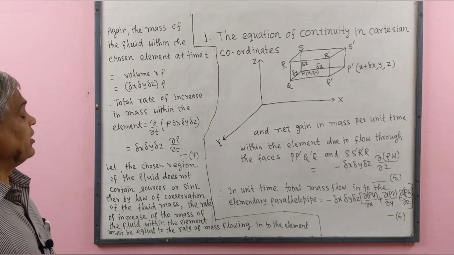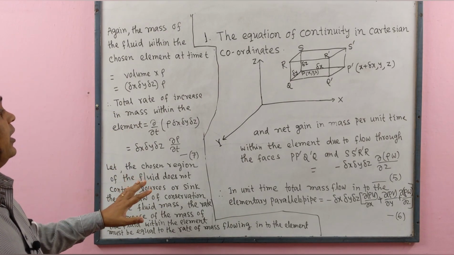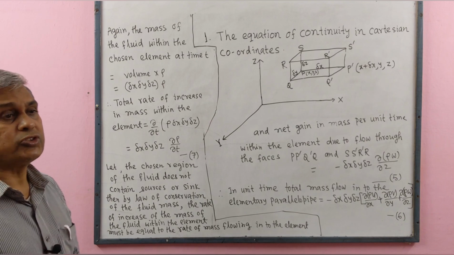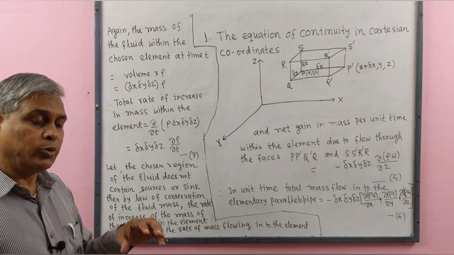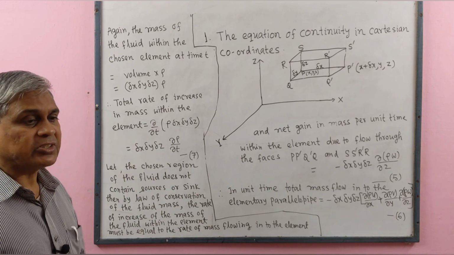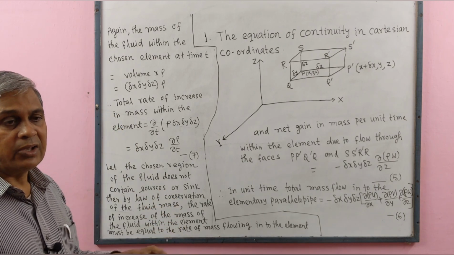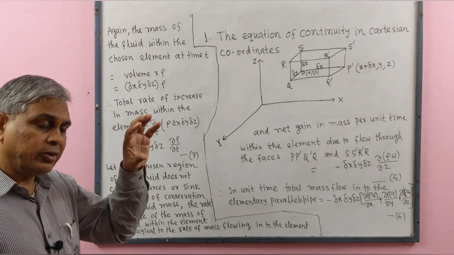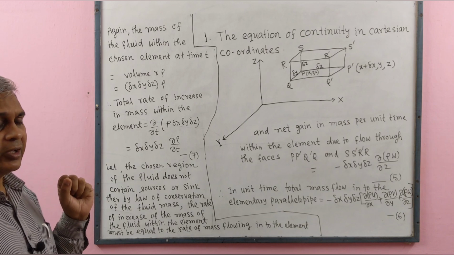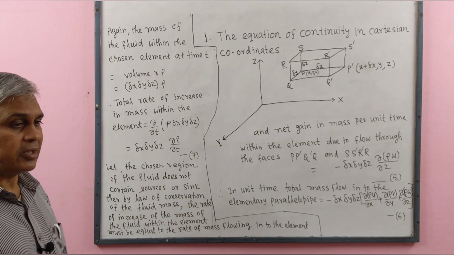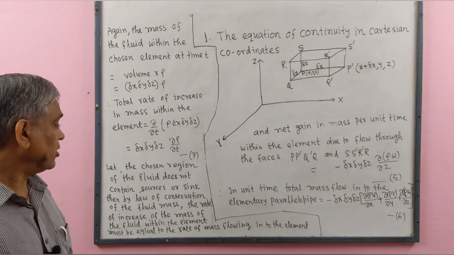Let the chosen region not contain any sources or sinks. Source means from which the fluid is created, means comes out. A sink means that fluid is annihilated, means fluid vanishes. Here we have no such type of source and sink.